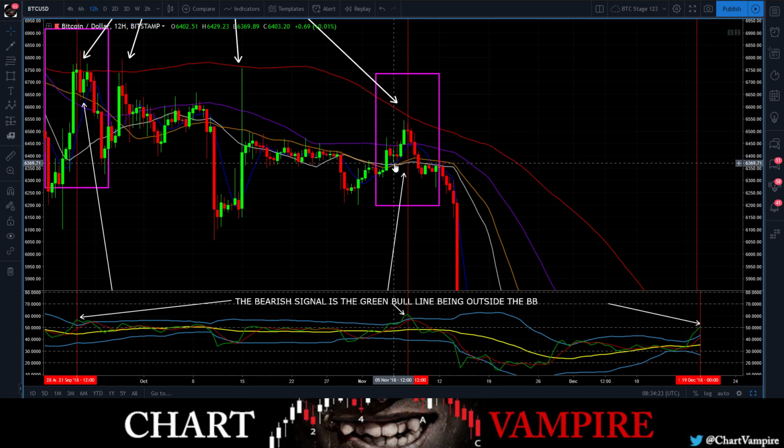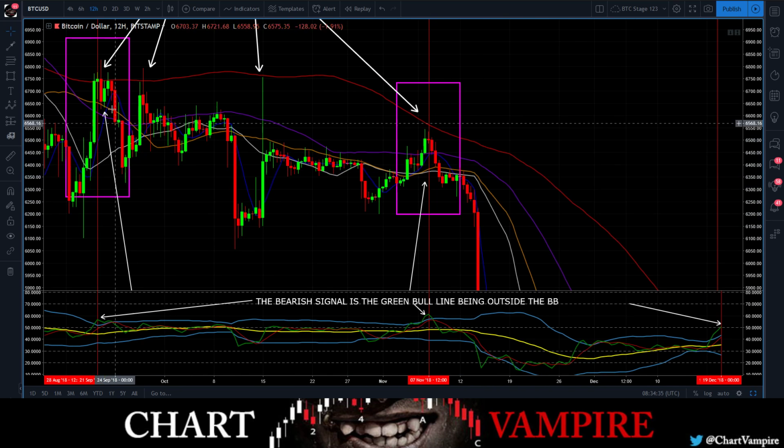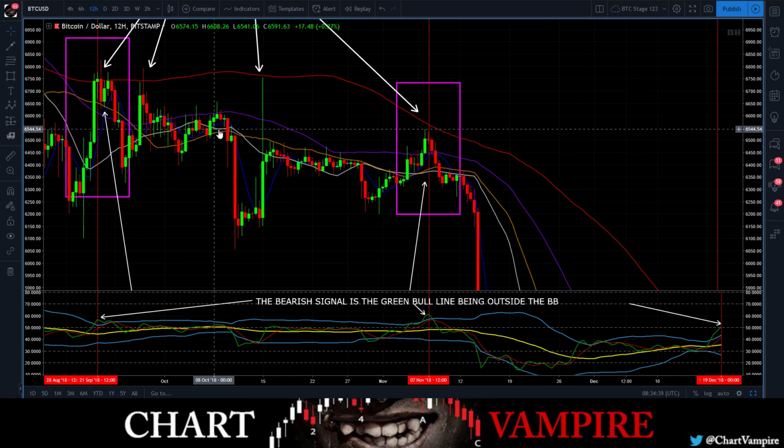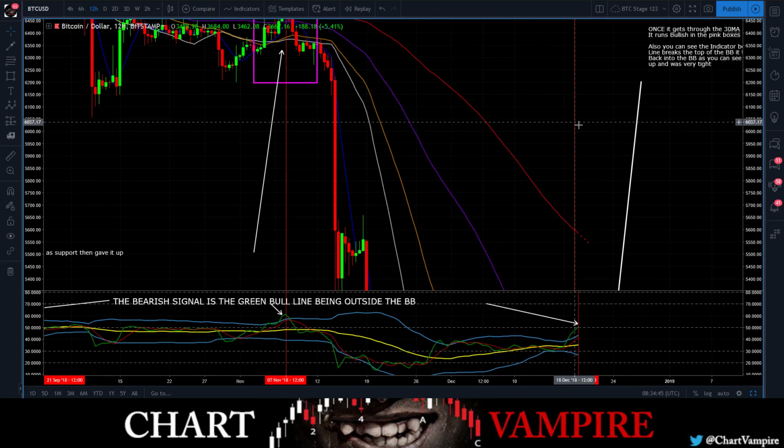So you retraced to test it. It bounced up, retested the 50, went up and then through it, and as soon as you got under it, it was all over. As soon as you got under that baby, it was all over. Now here you did break through the 50, broke back up bullish, stayed above the 50, broke it, stayed bearish, and then you just got this last little poke up and over.